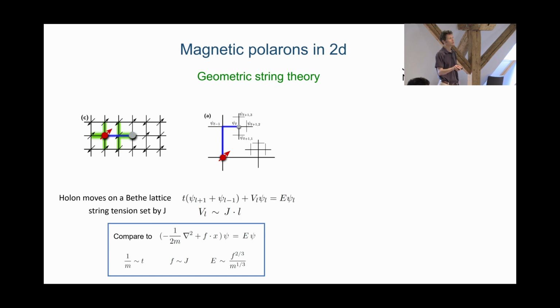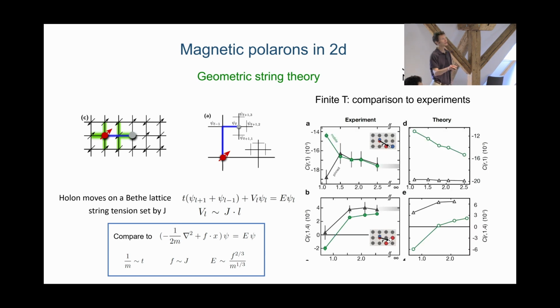And that's why even when we set up an effective tight binding model, it's a tight binding on this Bethe lattice, and every site of this lattice actually corresponds to a different trajectory. But once we set up this Bethe lattice, it's rather simple to think about it as a tight binding model in the presence of a linear potential, where the linear potential is given by the exchange correlations.